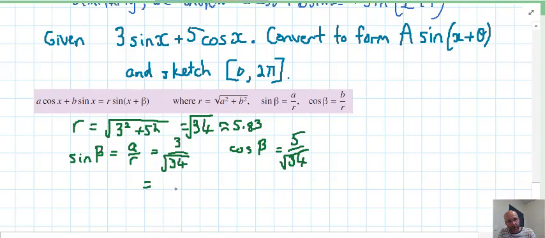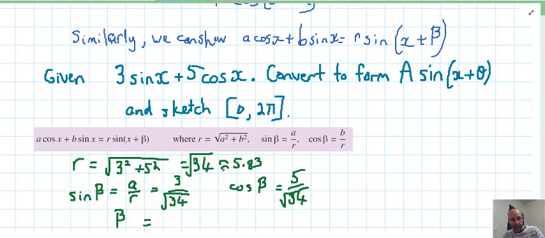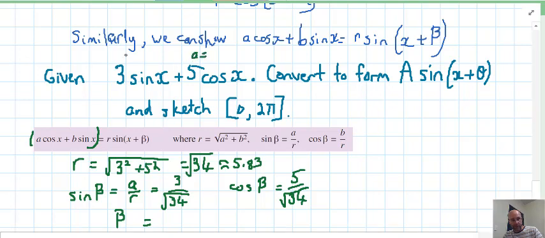So it doesn't matter which one you go. You can even use tan if you want, but beta is the inverse sine of 3 over square root of 34. Let's try that. I've spotted another little error. Now, look at the form carefully. It's a cos x, b sine x. So a would actually be equal to 5, the cos x coefficient, and b equals 3.